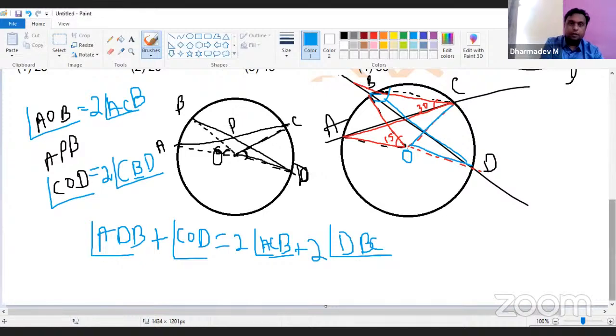So this would be twice of it. Now in this case, what data do we already have? We have AOB is 15 degree. Do we have it?